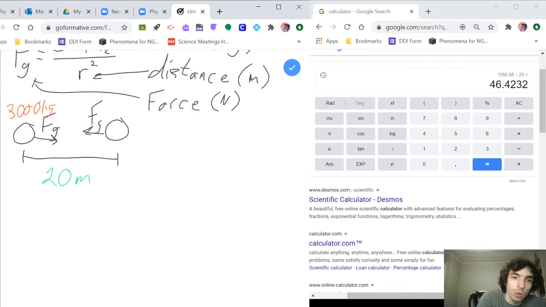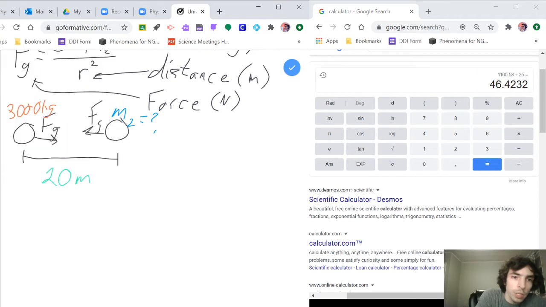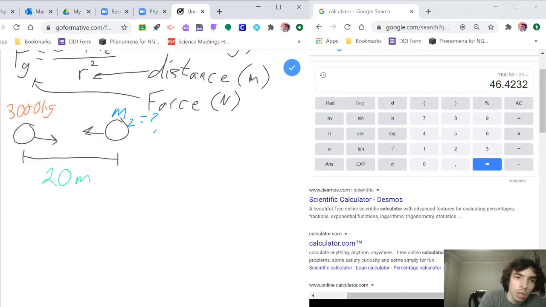We don't know what this M2 is, that second mass. But we do now know what our force is. So let's say that these forces of gravity are each, let's say 300 newtons.